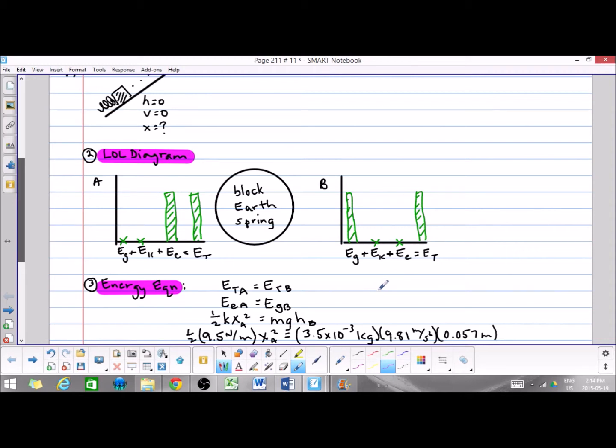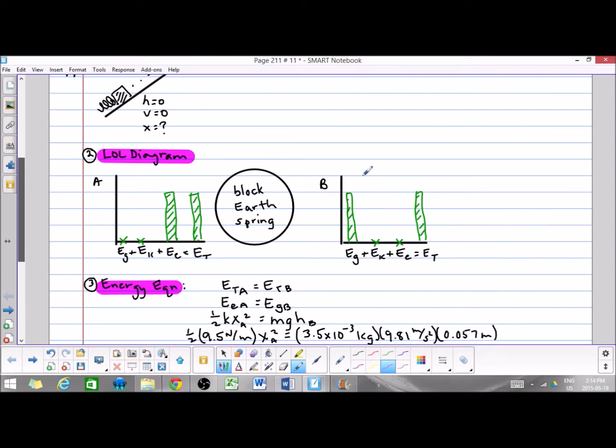If you're experiencing friction but you still needed to get the block to rise up to the same height, your LOL diagram in B would be exactly the same, because this is how much gravitational potential energy the block would have to have in order to reach the given height of 5.7 centimeters.